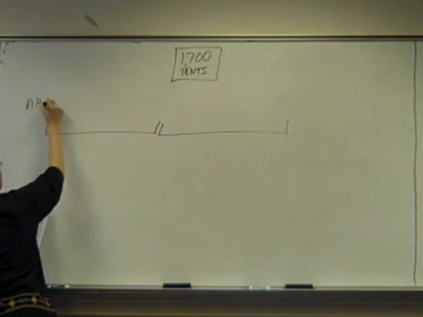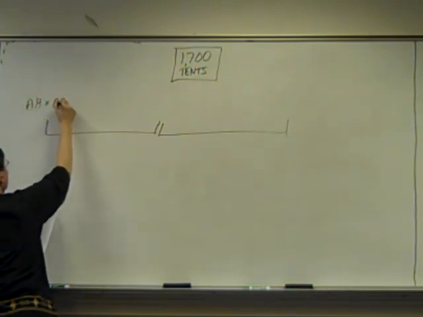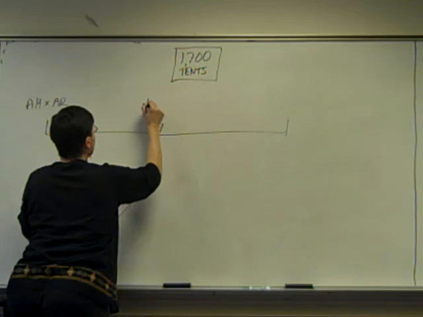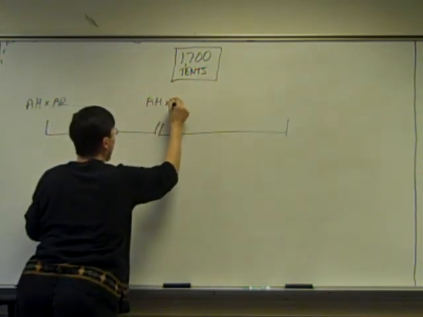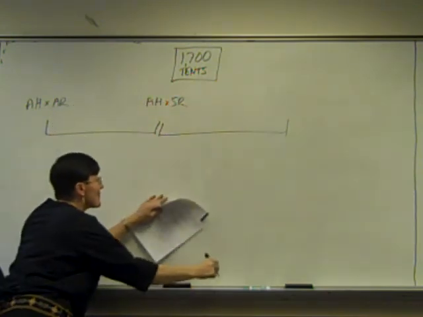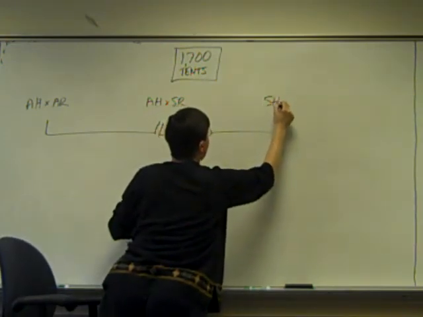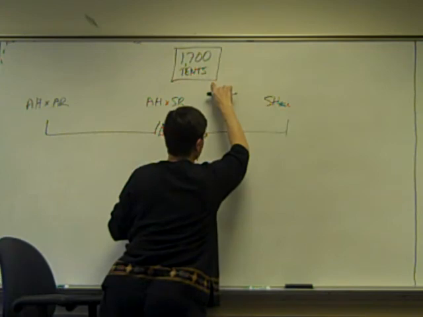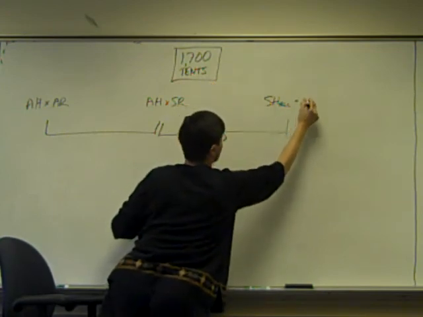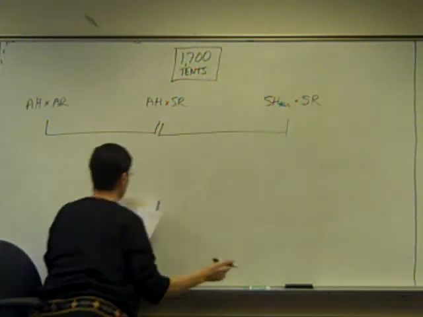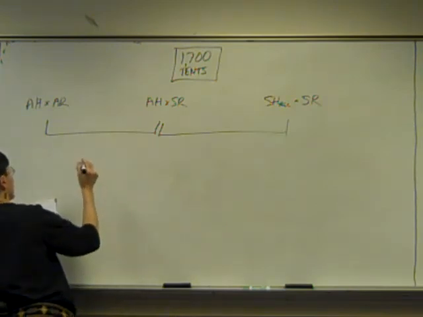Our actual direct labor hours times the actual rate that we paid our workers. For the actual hours, what should we have paid our workers? And for the standard hours allowed for the 1,700 tenths, what should we have paid our workers?